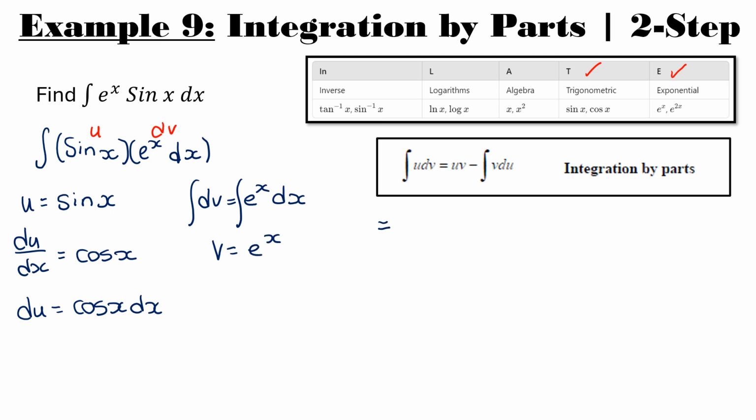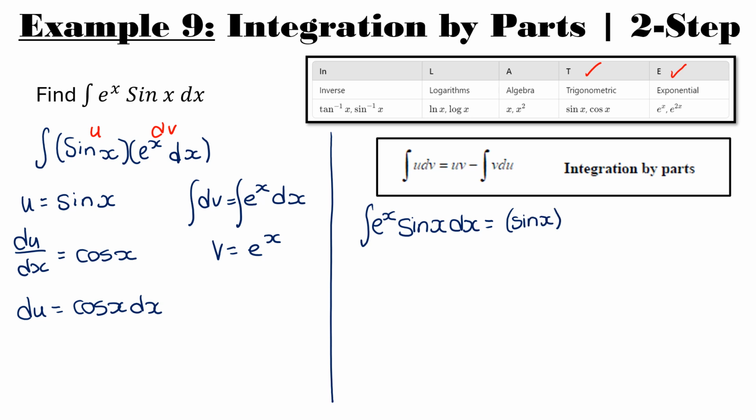So when we're working out our answer, we have the integral of e to the power of x sine x dx equals u, which is sine x, times v, which is e to the power of x, minus the integral of v, e to the power of x, du, which is cos x dx. Now, here's where we run into a little bit of a problem.